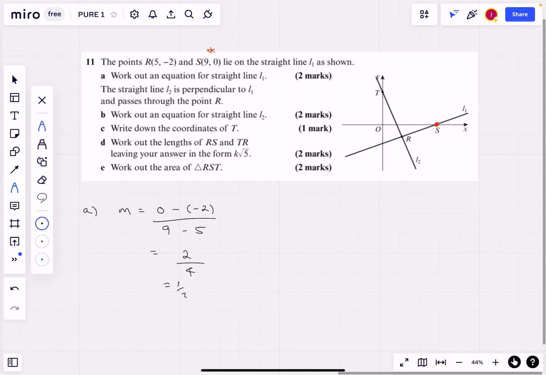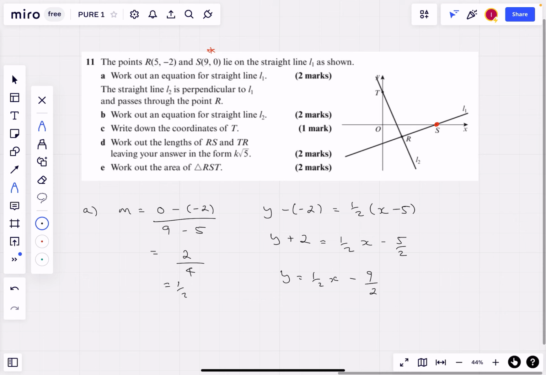Sub that into your y minus y1 equation. So y minus minus 2 equals a half x minus 5. y plus 2 equals a half x minus 5 over 2. So y equals a half x minus 9 over 2. Cool.